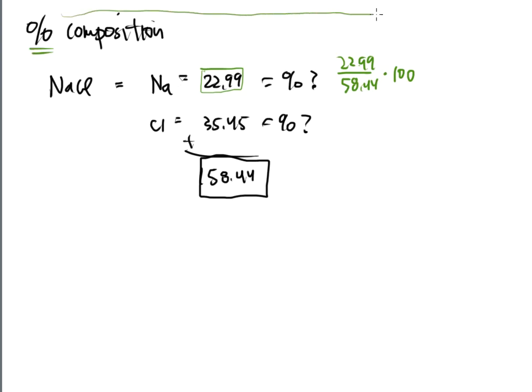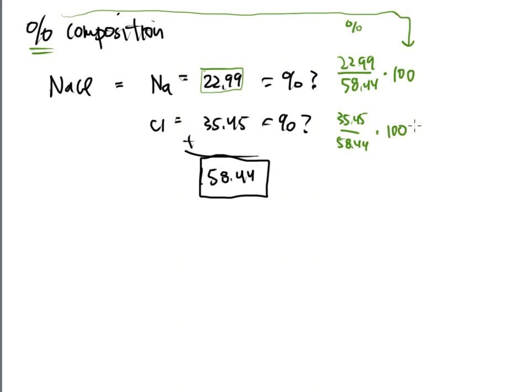And in order to calculate percentage, percentage basically means part per hundred. That's what this line means, part per hundred. So we multiply by 100 to get a percentage, right? And we do the same thing with chlorine. We take chlorine's weight, which is 35.45, and we're going to divide it by the formula weight, which is 58.44, and we times by 100.